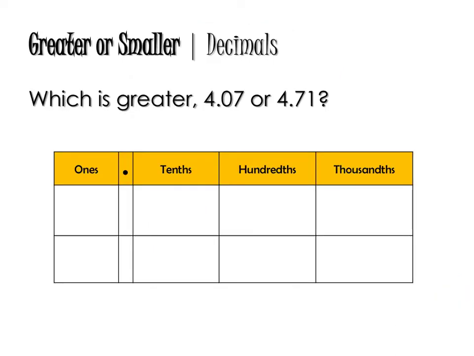So let's use that same concept and try to compare decimals to find out which is greater, 4.07 or 4.71. So again, we need the help of our place value chart. I will write down the first decimal, which is 4.07, and 4.71. Again, we always compare the greatest place.